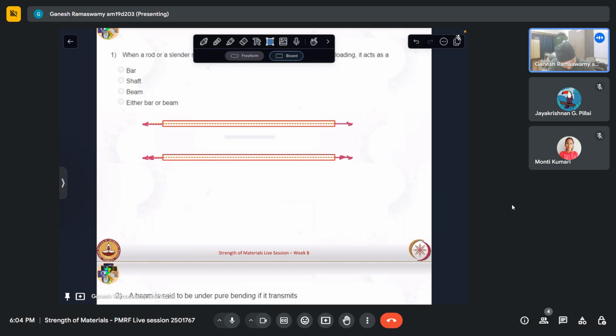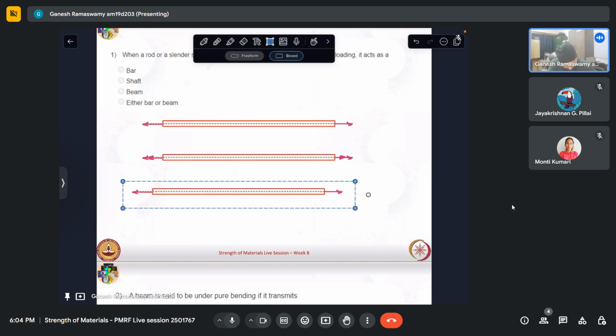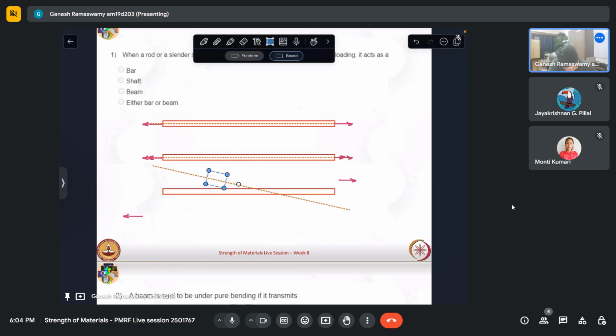For the same member, let us say I do not apply the loading along its axis, but let us say that I load it at some angle.